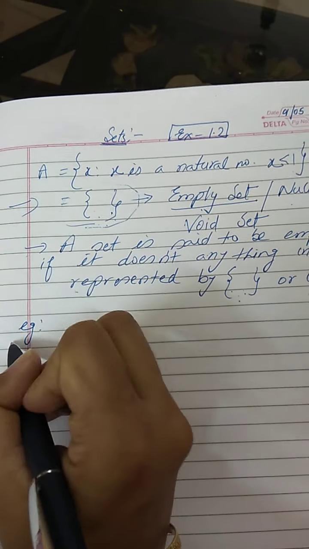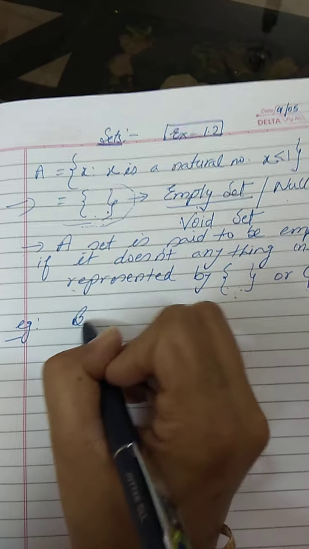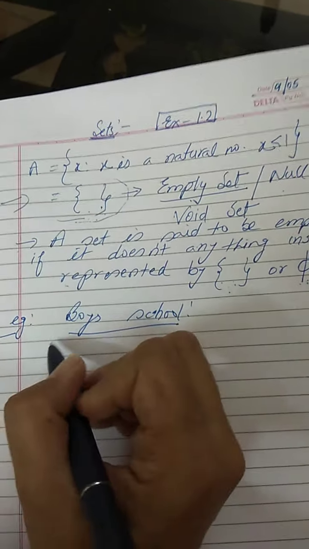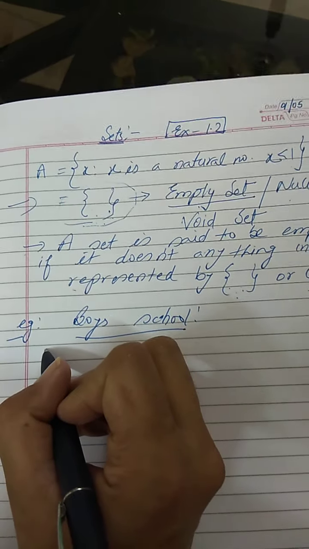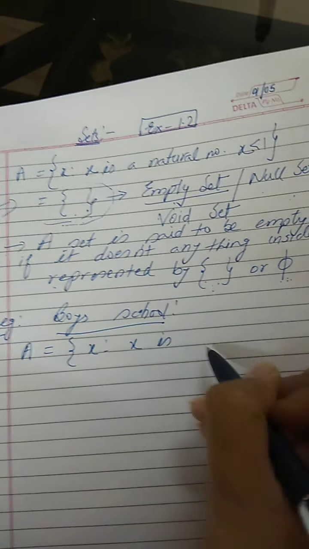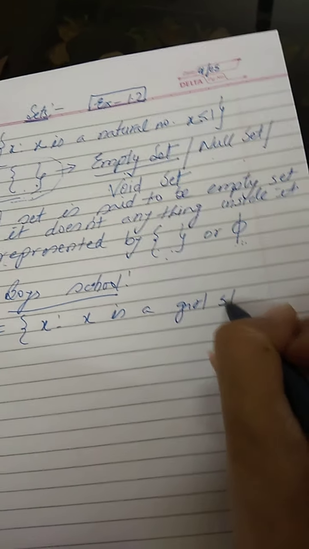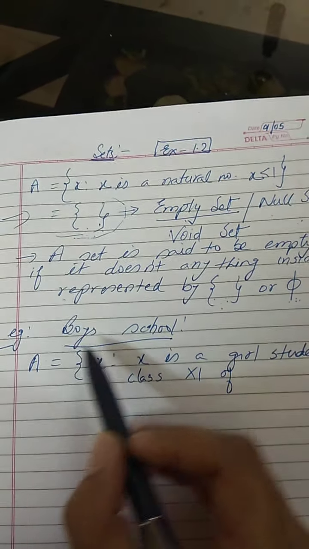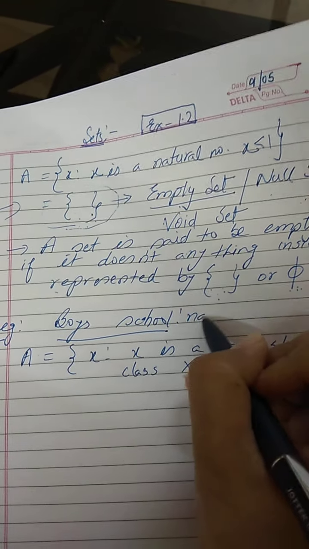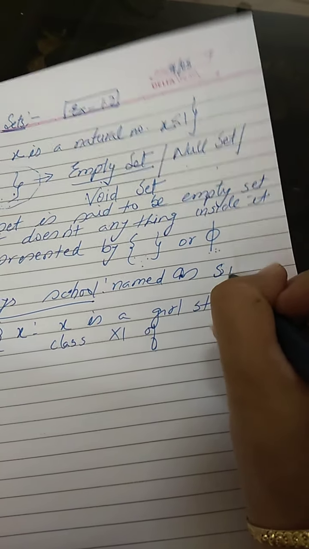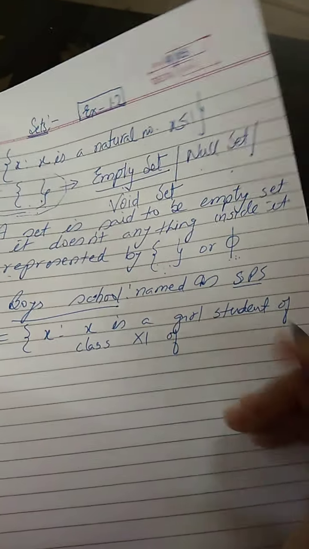Let us take one more example here. There is a boys school, and you are going to the class. I am writing a set A: x, where x is a girl student of class 11, and let us name this boys school SPS.